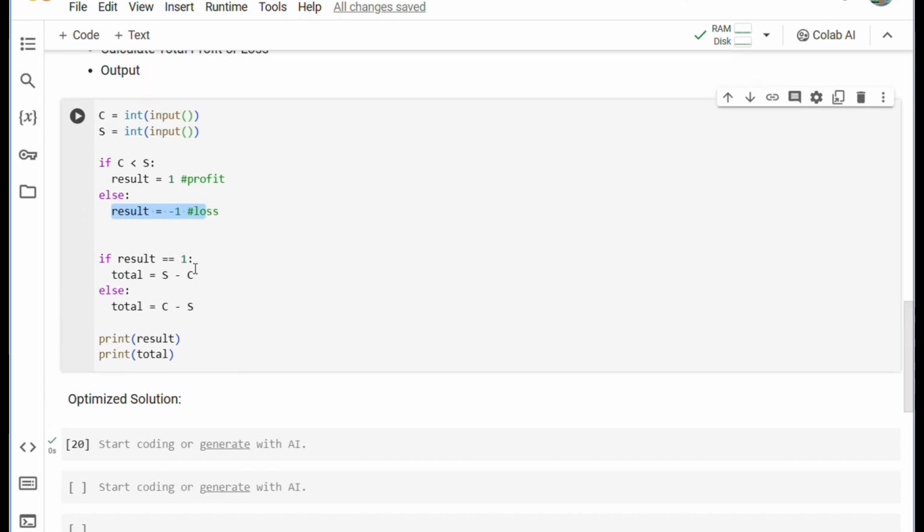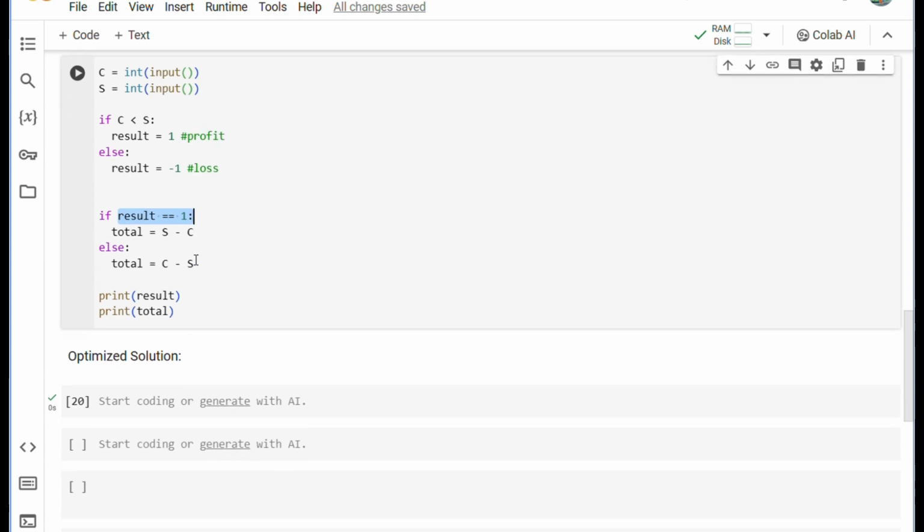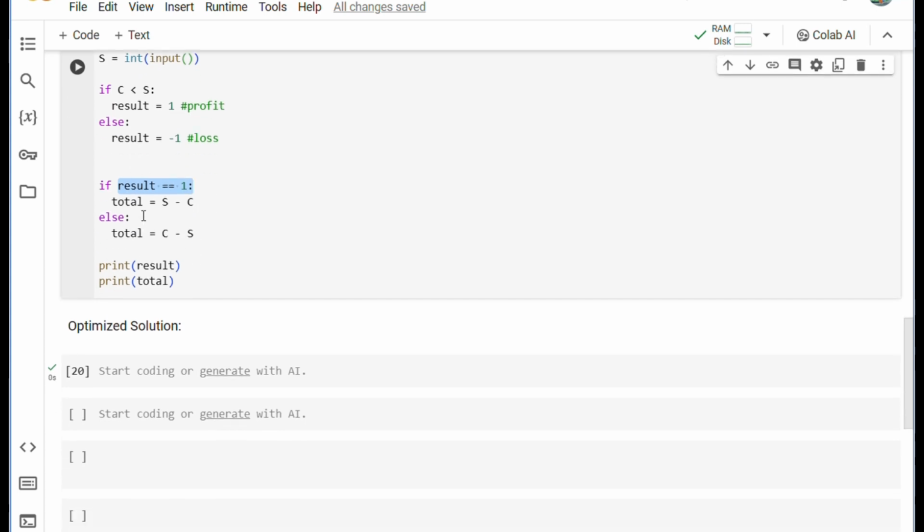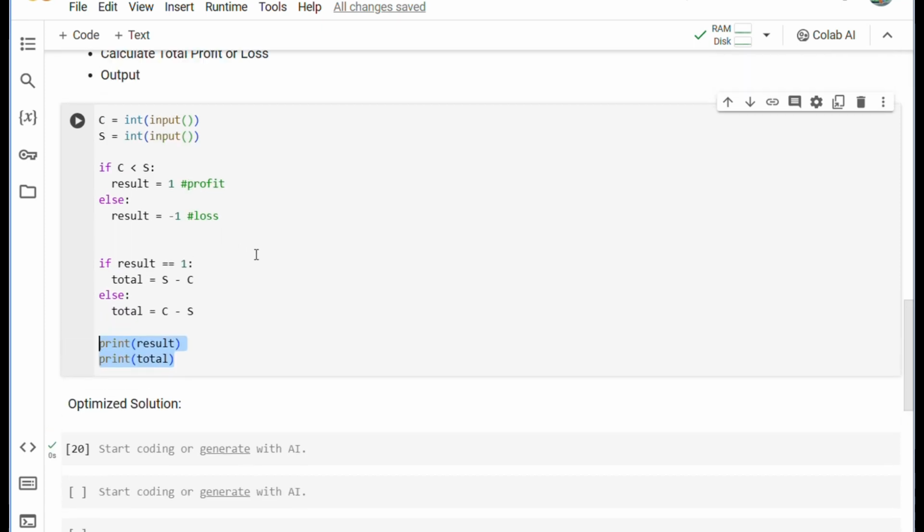Now let's assume we get a result equal to 1. In that case, we need to create a variable total, and we will say selling price minus the cost price. But if it is not equal to 1, in that scenario we will say total is equal to cost price minus selling price, and finally we are printing these two variables, result and total.